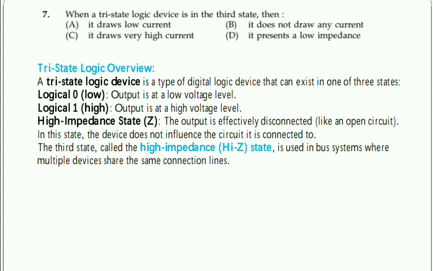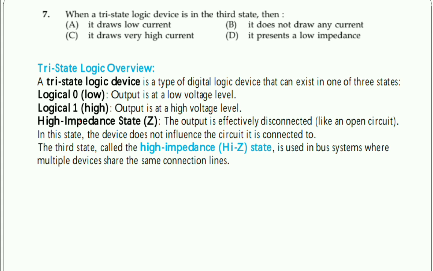Okay. A tri-state logic device is a type of digital logic device that can exist in one of three states. That is logical 0, which is low level, where the output is at a low voltage level, and logical 1, which is high level, where the voltage level is high, and the third state is the high impedance state. In this state, the output is effectively disconnected like an open circuit.